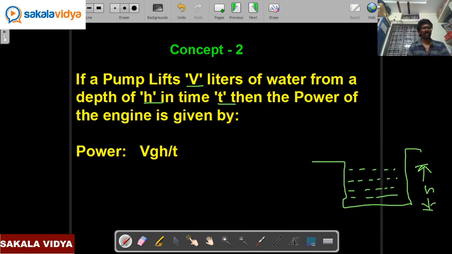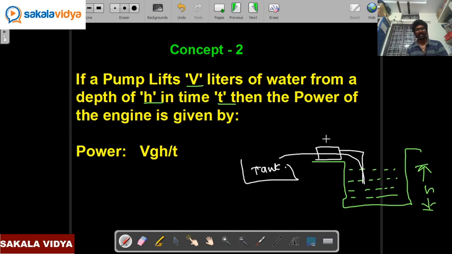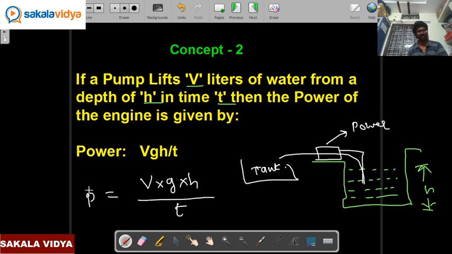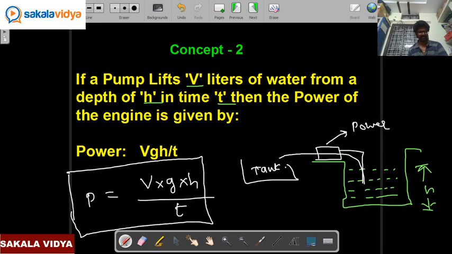Somewhere here we are going to have a pump, which is going to lift this water against gravity and fill a water tank. So what is the power done by this engine? Power is equal to volume of water into acceleration due to gravity into h, that is displacement, divided by time.